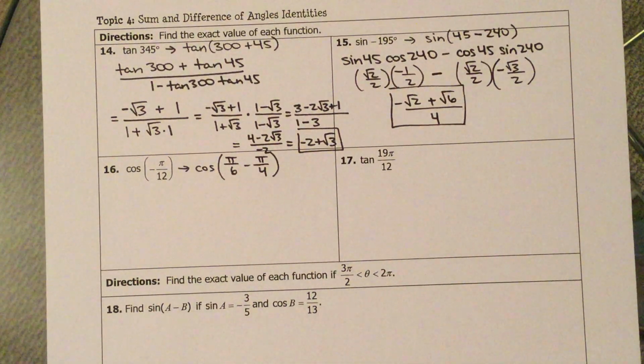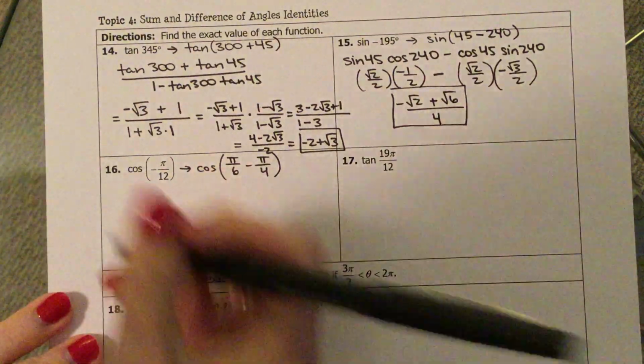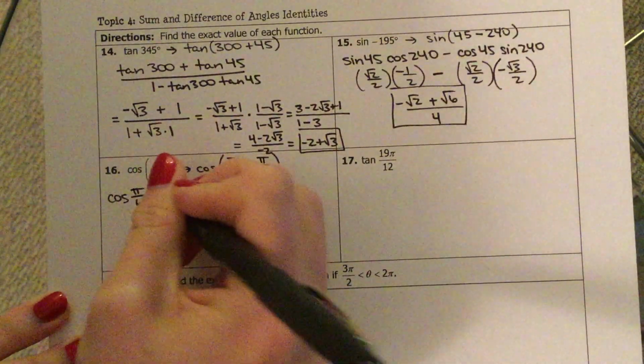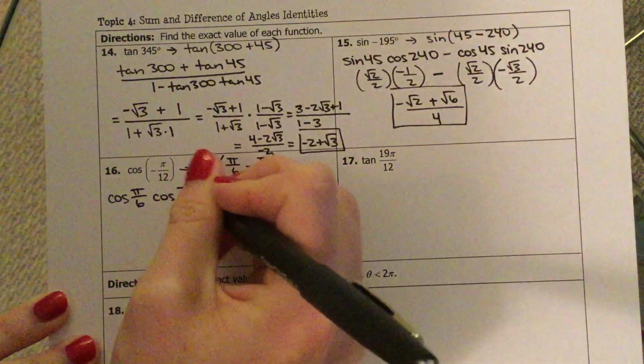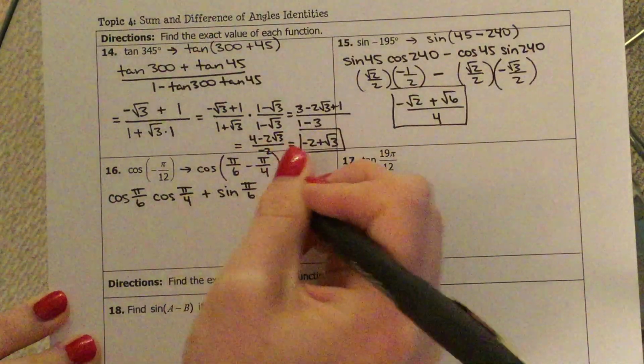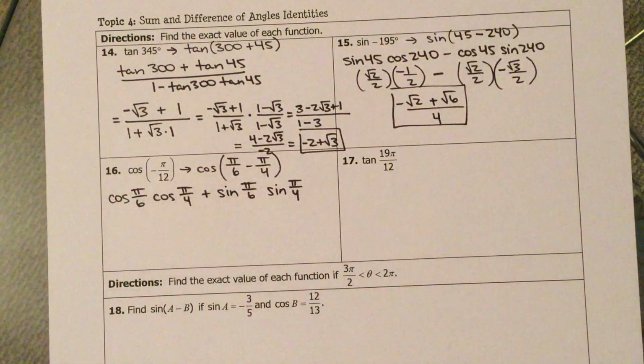So the cosine formula is cosine cosine plus sine sine. Remember, cosine actually has the opposite sign of what it seems like it should. So cosine cosine plus sine sine. Okay, so these are all just 1st quadrant values.